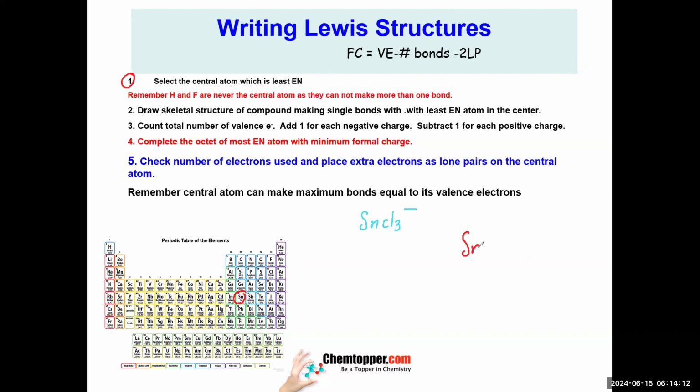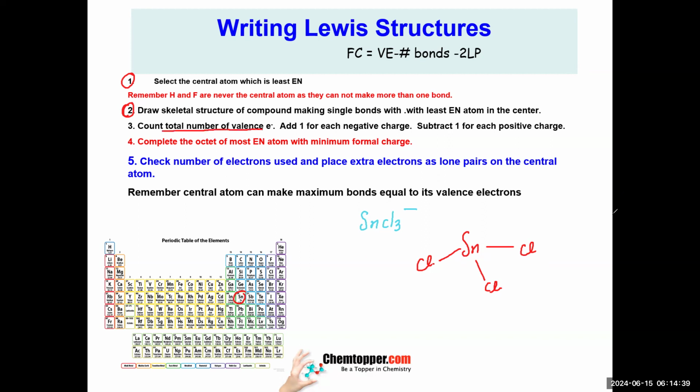Okay, make the skeleton, means make single bonds with 3 chlorines. Here chlorine is not the central element. The central element can make more than 1 bond, but other than the central element, then you have to check the formal charge.